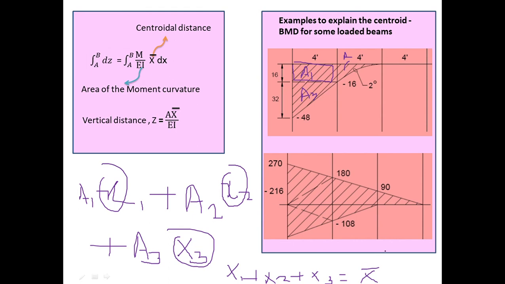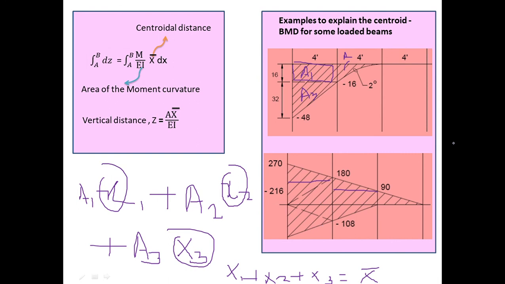Similarly, for the next problem, suppose the bending moment diagram is like this. We can split it into different shapes: the rectangle, or the triangle plus rectangle, or only the triangle here. Here also a rectangle and triangle, or two triangles. That is up to our consideration, right?